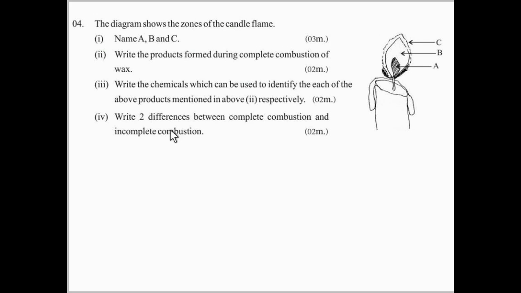In the incomplete combustion, there is black color smoke with carbon particles, which can have carbon dioxide and carbon monoxide also. But in complete combustion only carbon dioxide and water vapors.